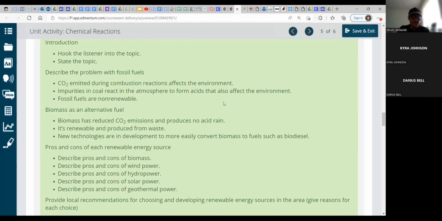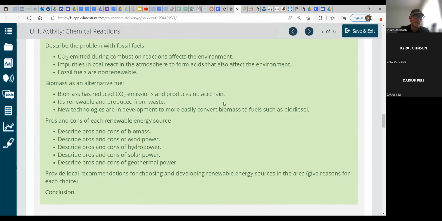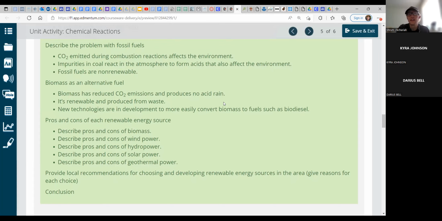Those are the first few slides, and then you're getting into describing the problem with fossil fuels. Why are we even considering alternative energy resources? Well, with fossil fuels, remember, you have the CO2 emitted during combustion reactions, and they affect the environment because these are greenhouse gases, and they add to climate change.